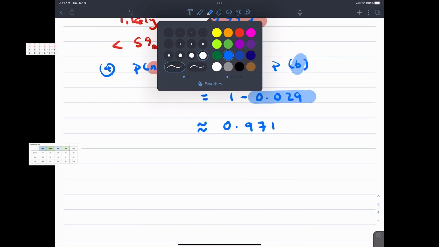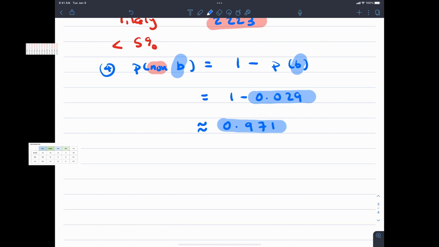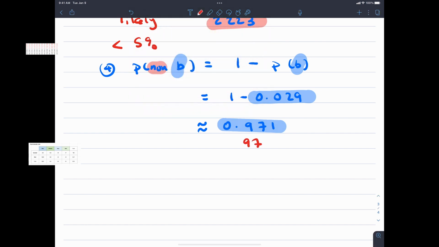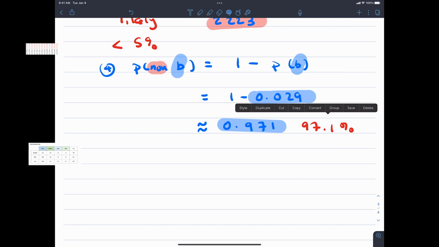This is point 971. What does that mean? There's a 97.1% chance of selecting a non-boy. Yes.